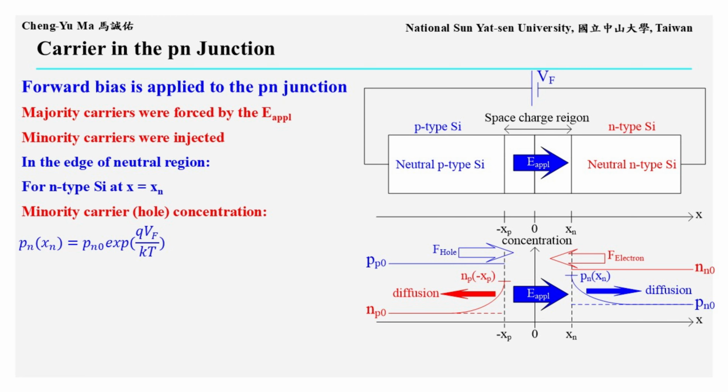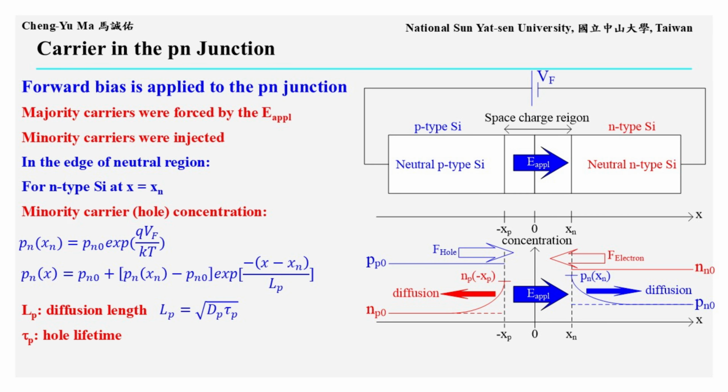At the boundary where x equals xn, after the minority carrier hole concentration increases exponentially, it immediately diffuses toward the lower concentration region inside the neutral region because the concentration is non-uniform. During this diffusion process, the extra minority holes encounter majority carrier electrons and rapidly recombine, so they vanish.